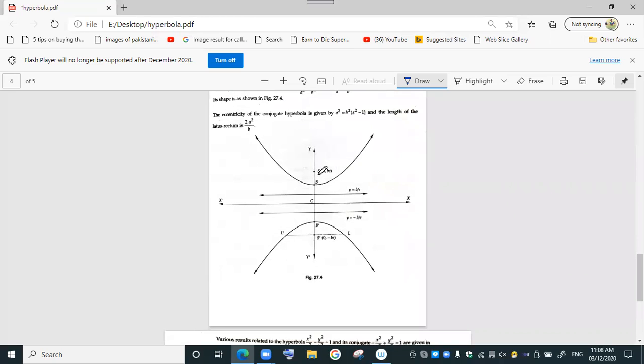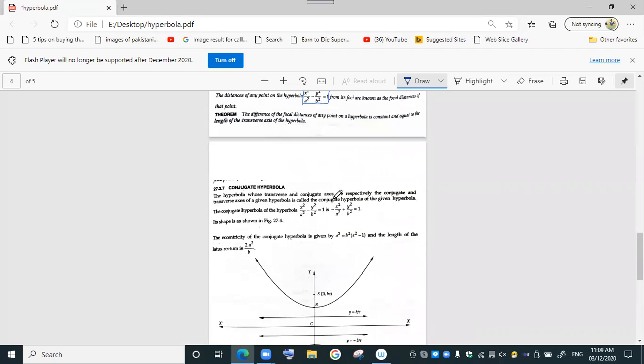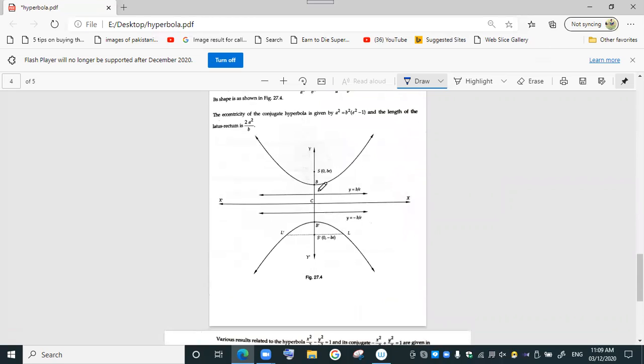And here again we have B, B dash and A, A dash. This is our conjugate hyperbola. The values of a square and b square will interchange. There the latus rectum was 2b square upon a, here 2a square upon b, because we are now taking B dash as 2b.